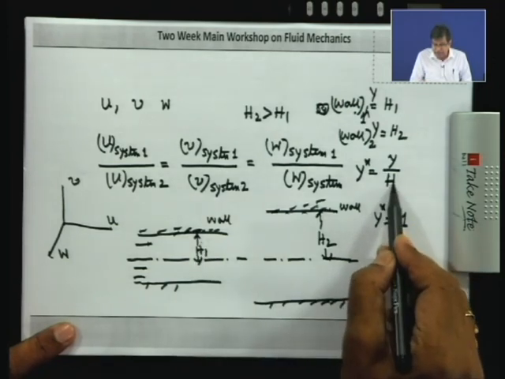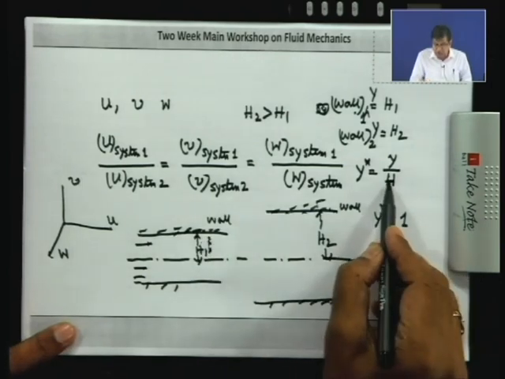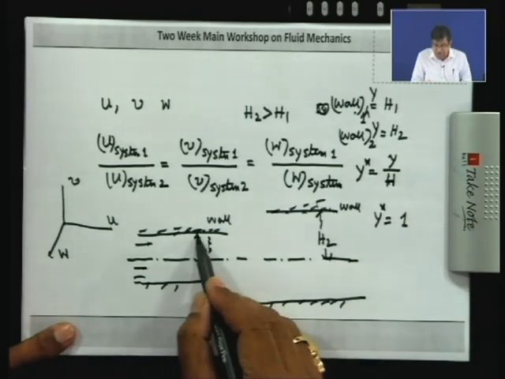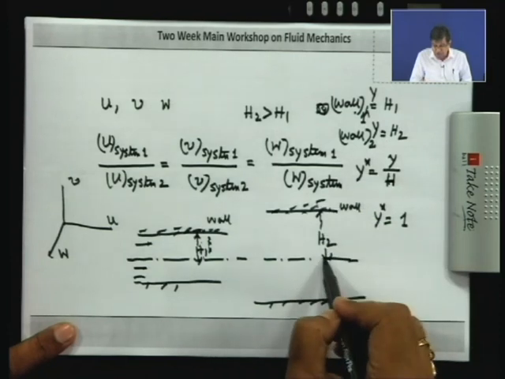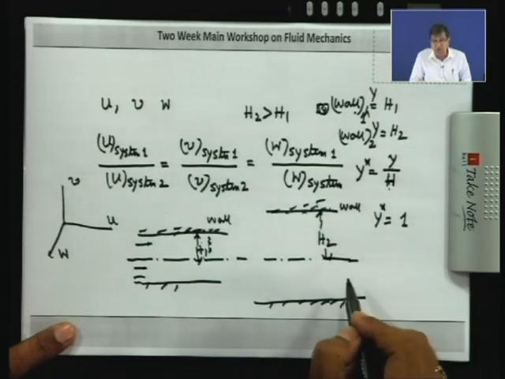If we define that all the y coordinates are normalized with the corresponding h, here y star will be y by h1, h1 by h1. Here also y is equal to h2, h2 by h2 will be 1. So y star will be 1.